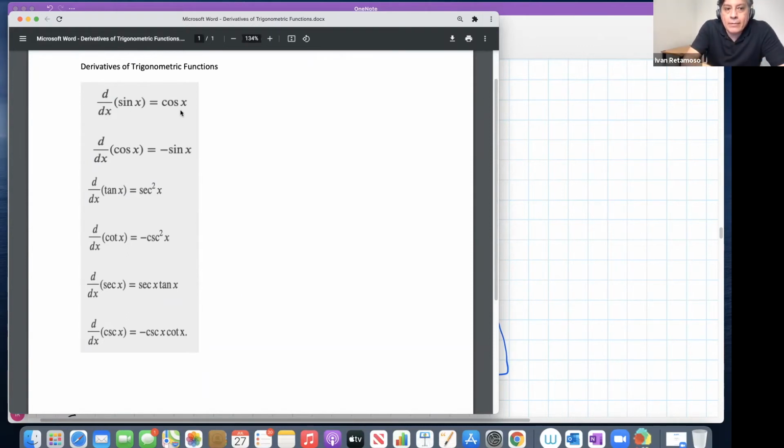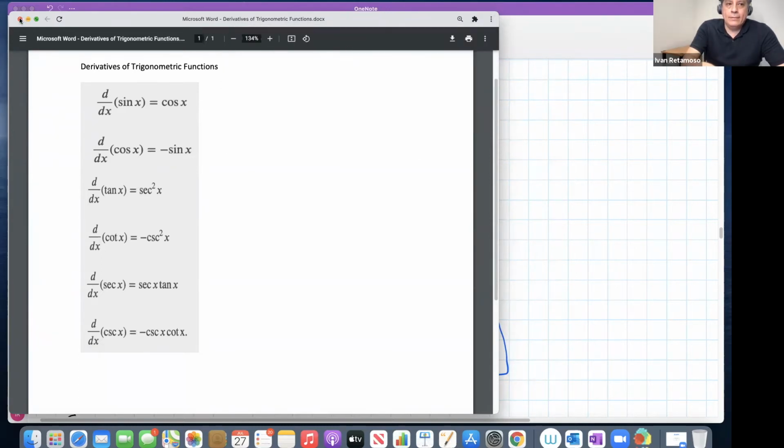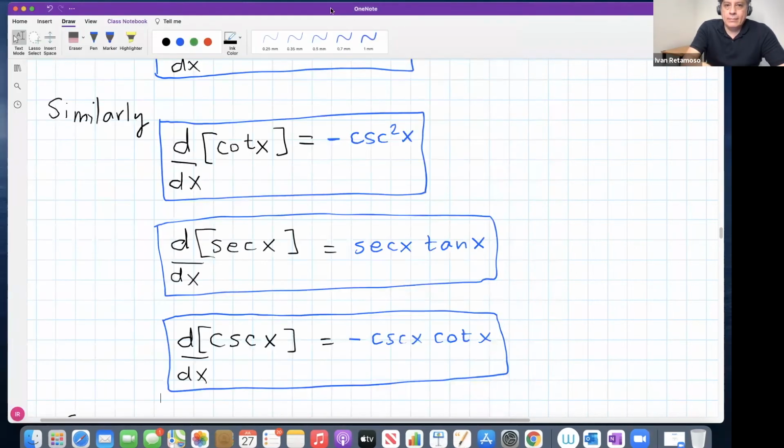Derivative of sine equals cosine, derivative of cosine equals minus sine, derivative of tangent equals secant squared, derivative of cotangent is minus cosecant squared, derivative of secant is secant times tangent, derivative of cosecant is minus cosecant times cotangent. I'm going to give you the straight link, in case you want to bookmark it or save it on your computer.